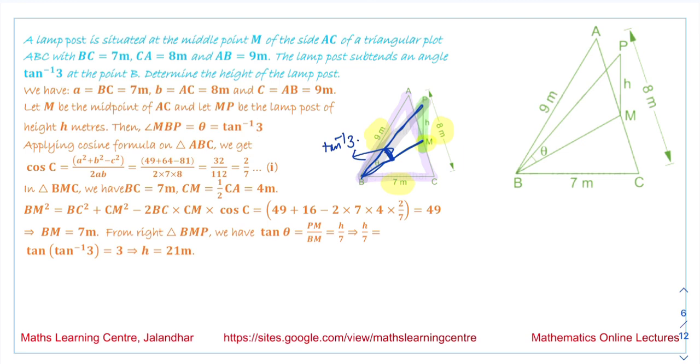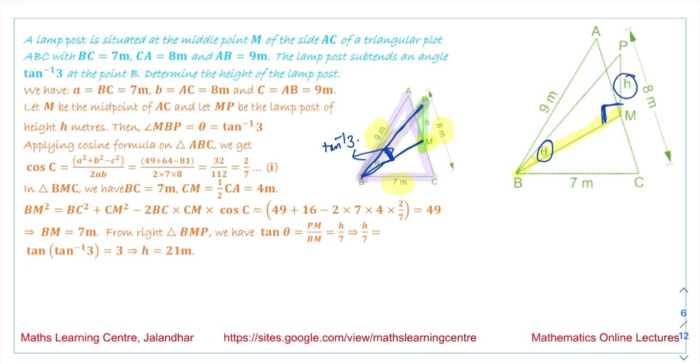Now suppose the height of the lamp post we are considering is h. This is the height of the lamp post, and angle MBP is equal to theta. Now in the triangle BMP, this angle at M will be a 90 degrees angle. So to calculate the value of h, we have to calculate the length of the side BM.